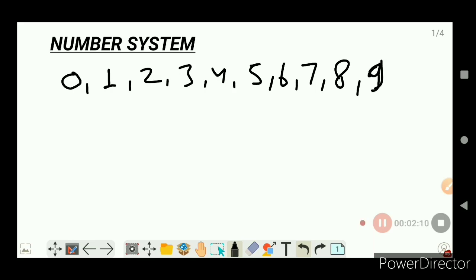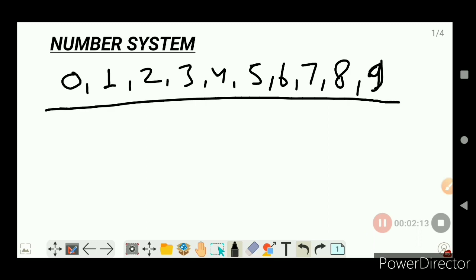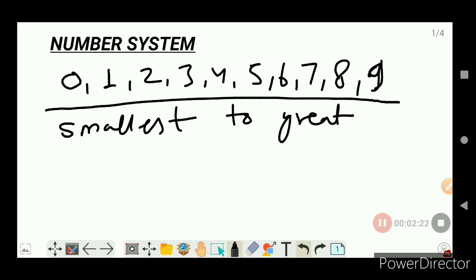This is the single digit system, arranged from smallest to greatest, and after 9 nothing has been defined. So our single digit system starts from 0 and ends at 9, which is the greatest single digit.